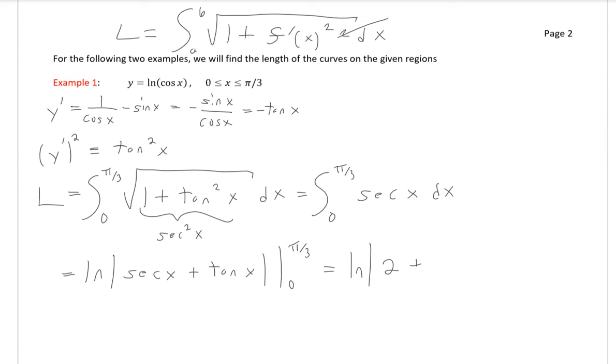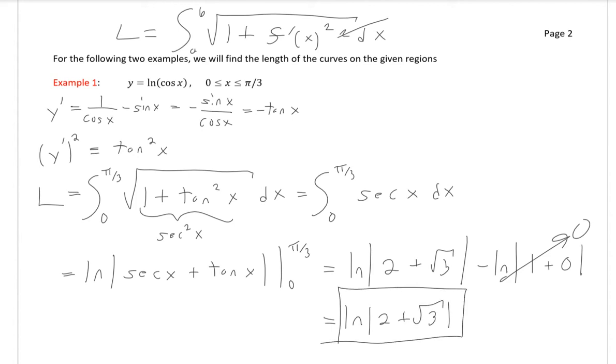So sine over cosine would just be root 3. And then if we plug in 0, we get minus natural log of secant of 0, which is 1, plus tangent of 0, which is 0, and natural log of 1 is 0. We get an answer of natural log of 2 plus root 3.